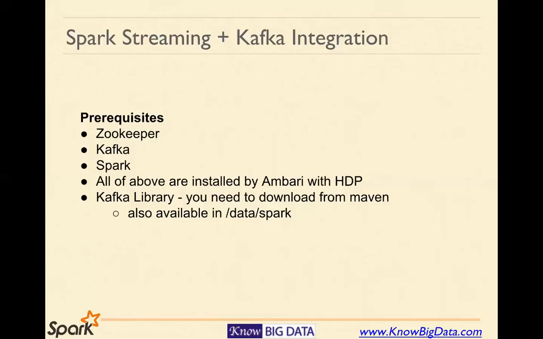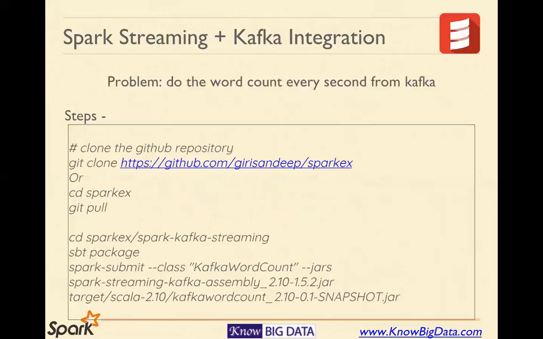Kafka discovers its brokers using Zookeeper, and this exercise needs Spark and Spark Streaming. All of the above are installed by default. The Kafka library that you need is available in Maven, as well as in this folder.